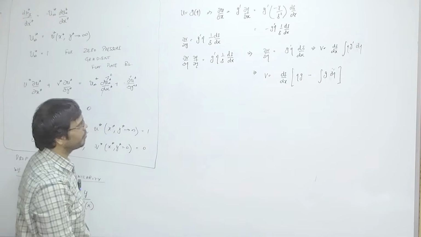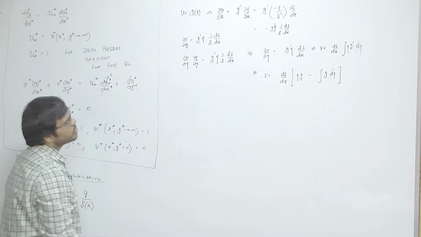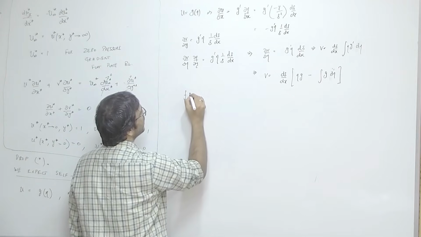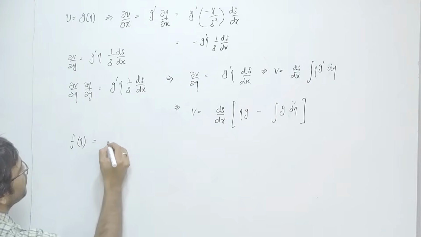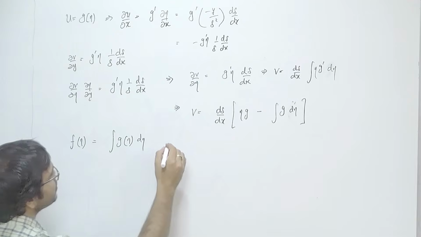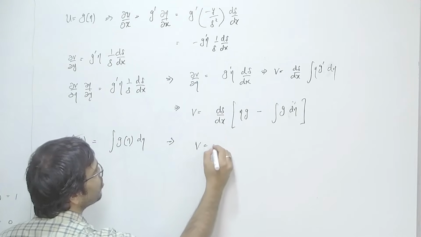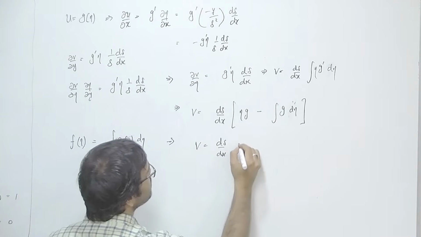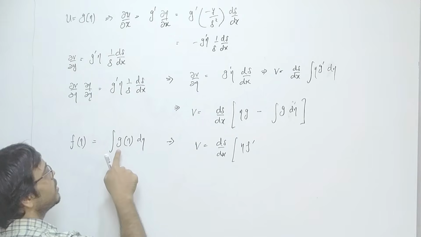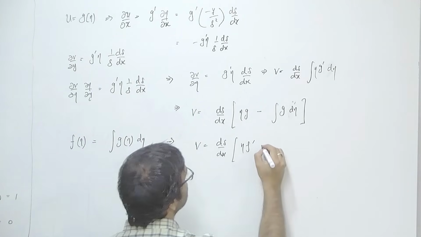Instead of carrying this integral of g, let us assume some f which is this integral of g d eta. So this formula simplifies to d delta over dx times eta f prime minus f. So if this is true, then g is f prime.